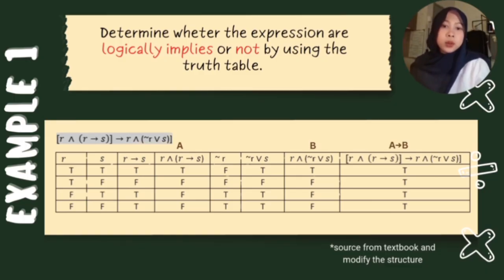The final answer, we got A implies B, which is in bracket R and in bracket R implies S close bracket, implies R and open bracket not R or S close bracket, and the answer we got is true, true, true, true, which is a tautology. Since the answer is a tautology, this expression is logically implies.